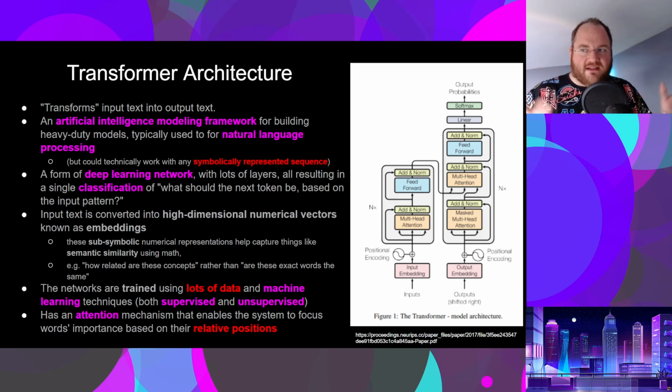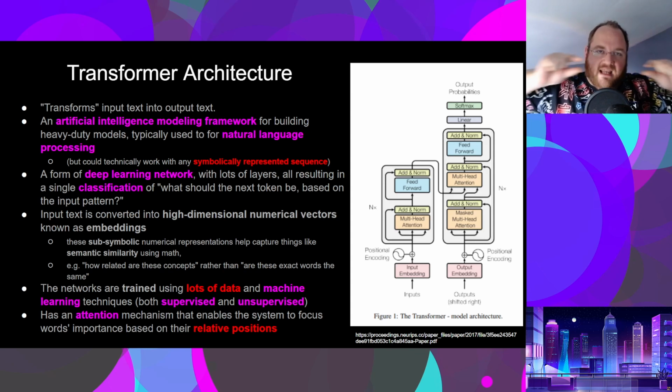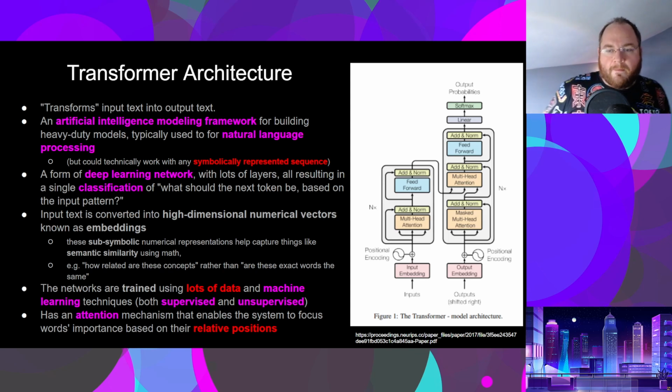It's arranged in a way there's a lot of stuff going on. I mean, it's a pretty generic name, but this is why it's landed on this name. It's an artificial intelligence modeling framework for building heavy-duty models, right? That's kind of the point. Typically used for natural language processing because they take an input of a sequence of tokens and then they output one token at a time, right?